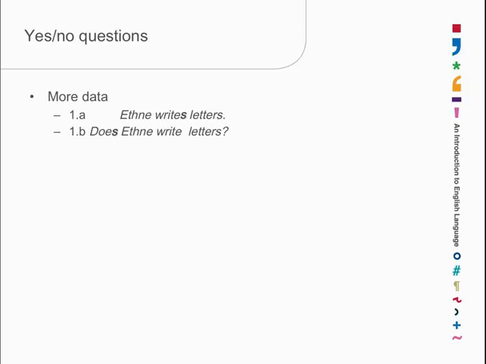Something odd has happened. You'll remember that the S on the end of writes, which is in bold here, is the third person singular present inflection. The subject is she, and the verb is present tense, and so when there's a statement we have to put the S inflection on the end of the verb.